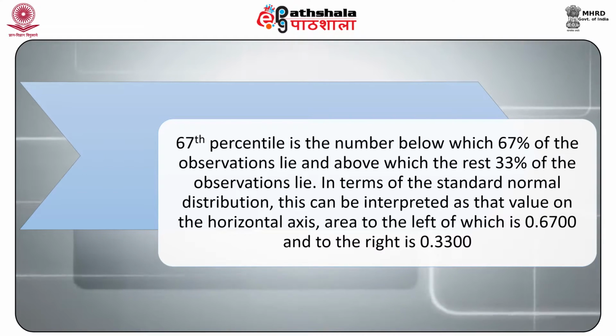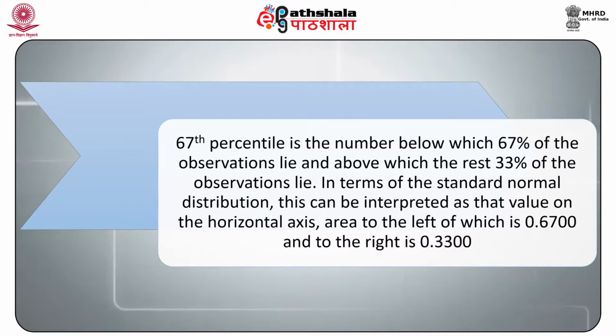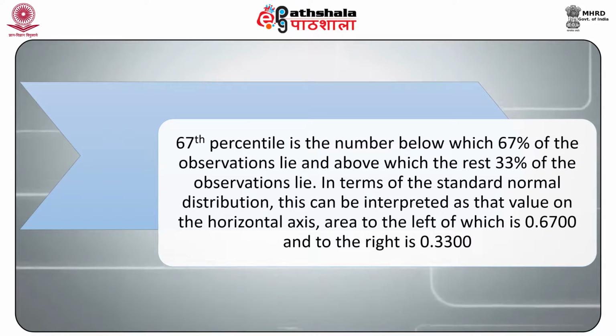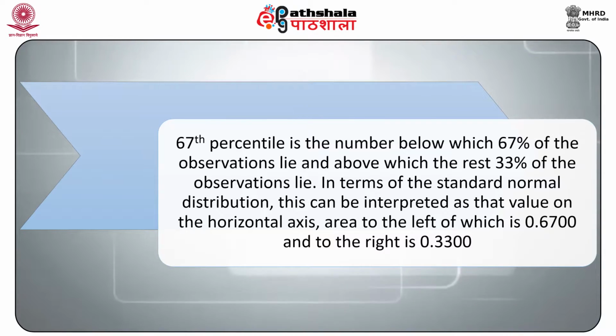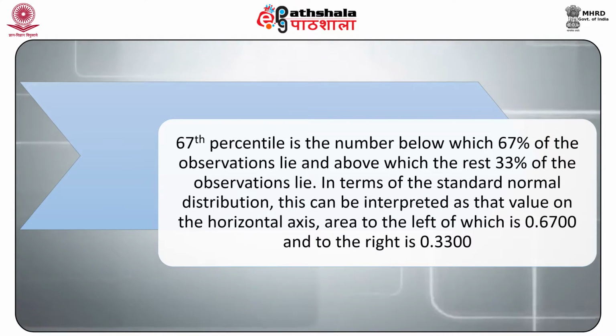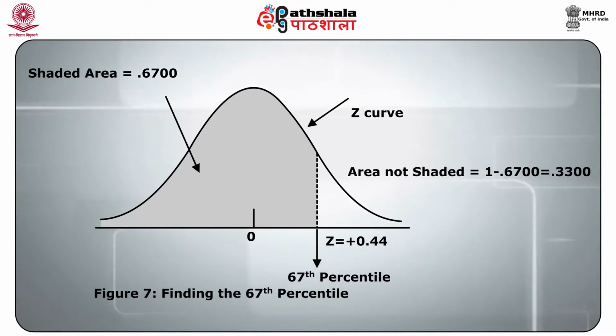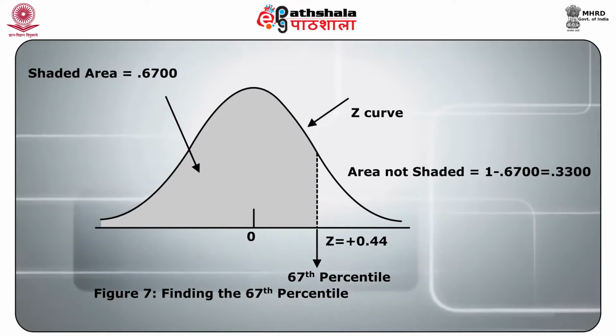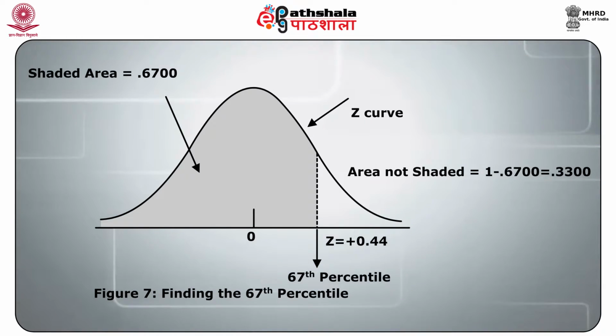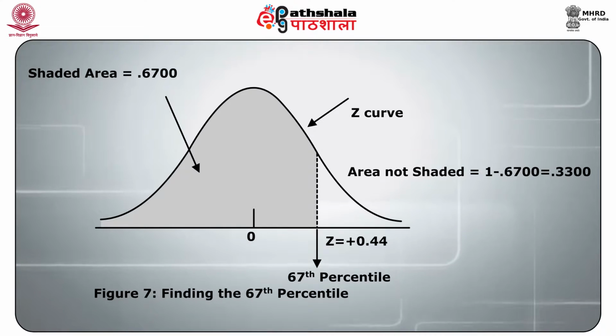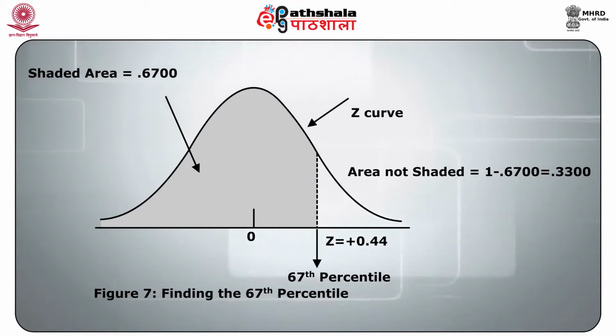From the table, we find the probability 0.6700 corresponds to the intersection of the 0.4 row and the 0.04 column. This implies the value of z corresponding to the 67th percentile is 0.44, that is 0.4 plus 0.04.